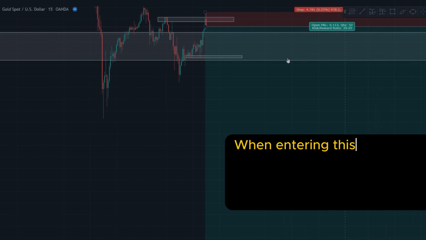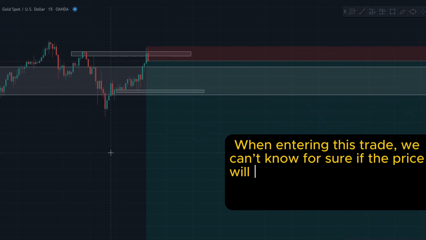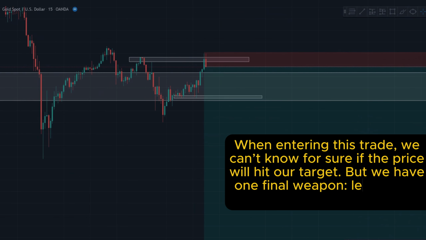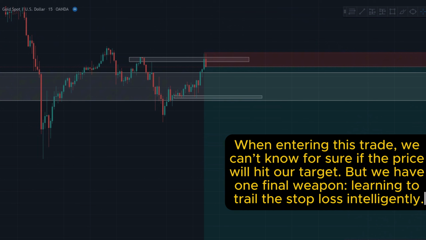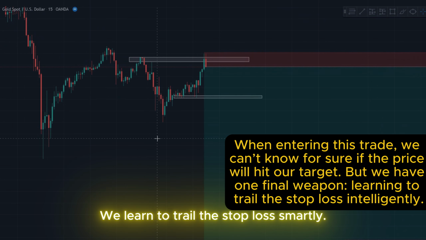When entering this trade, we can't know for sure if the price will hit our target. But we have one final weapon: learning to trail the stop loss intelligently. That's our last tool. We learn to trail the stop loss smartly.